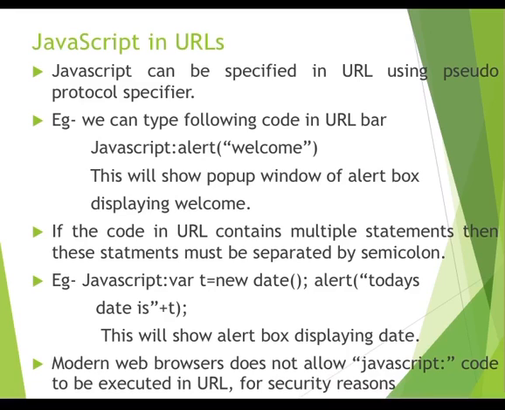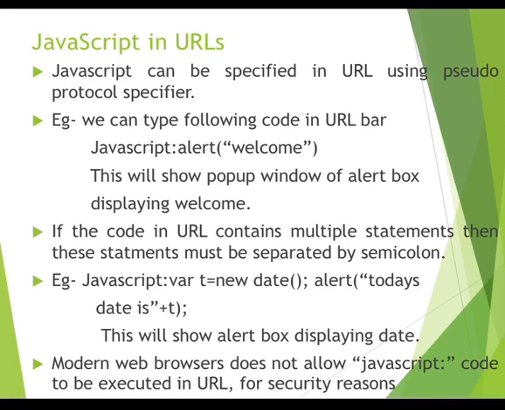The Date function is used over here, which will give the date, and the date value is stored in your variable t. Then we display an alert showing the value of variable t. After the first line, give a semicolon, then write the second line: alert today's date is plus t. So what alert will you get? Today's date is whatever the current date is, and that date will be displayed. This is how you write JavaScript code with multiple lines.